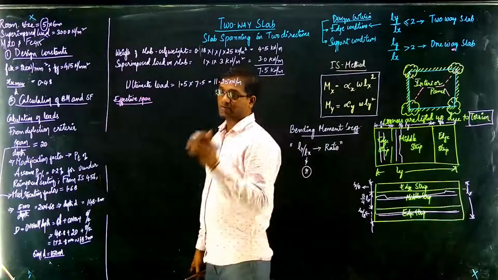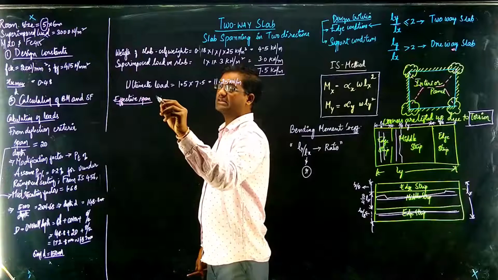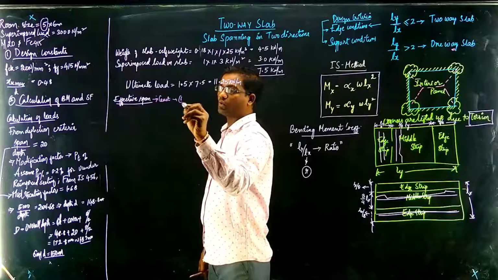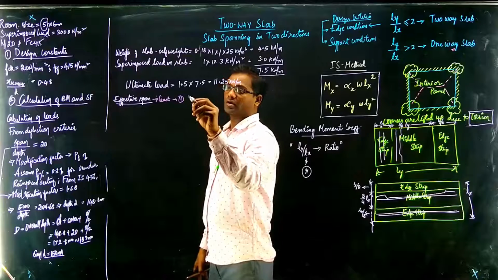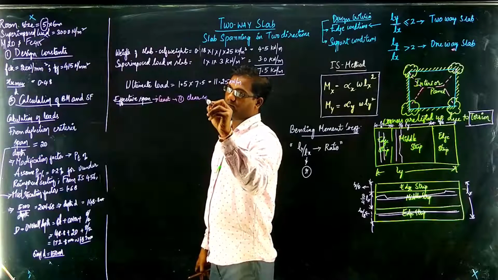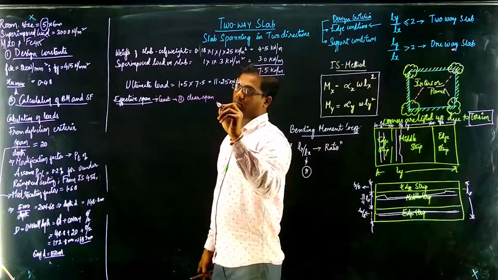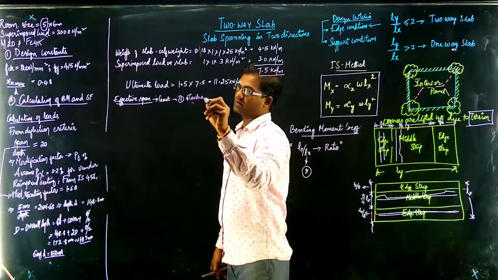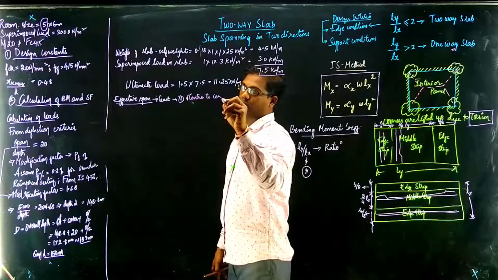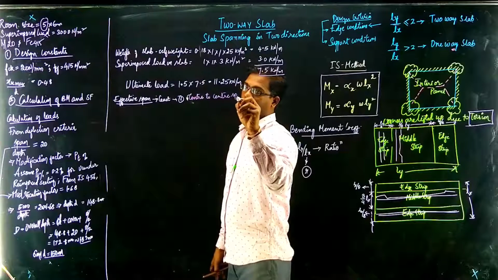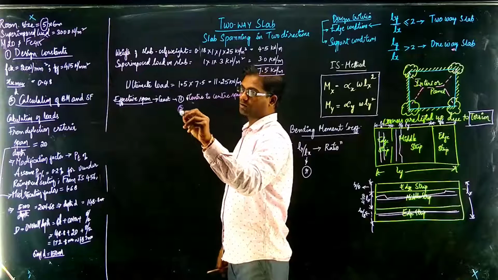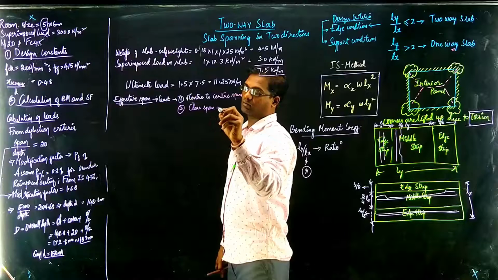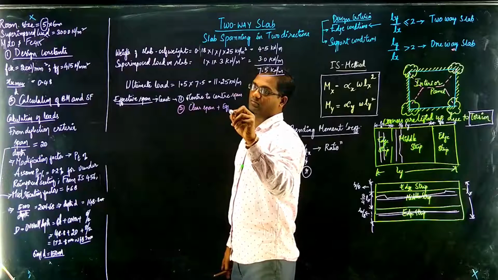Now effective span as per IS code is the least of the center to center span or clear span plus effective depth.